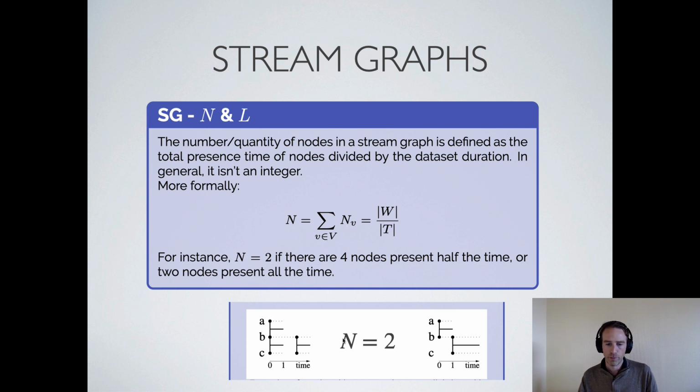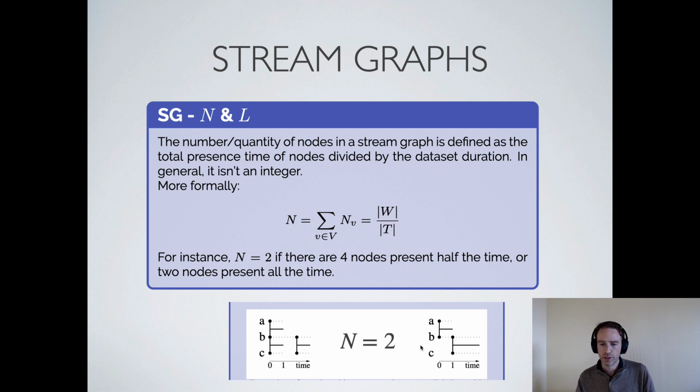So you have an example on the bottom. For instance, the one on the right. You see that A is present during a period of 1, from 0 to 1. Node B is present all the time, from 0 to 3, so a period of duration 3. And C is present during a period of duration 2. So if you sum this, it's 1 plus 3 plus 2, it's 6.